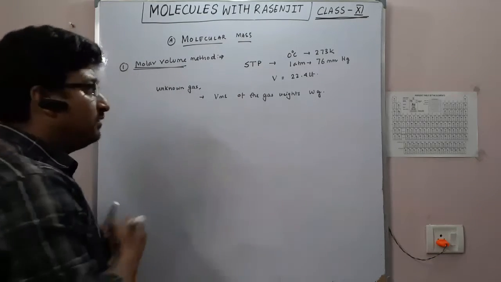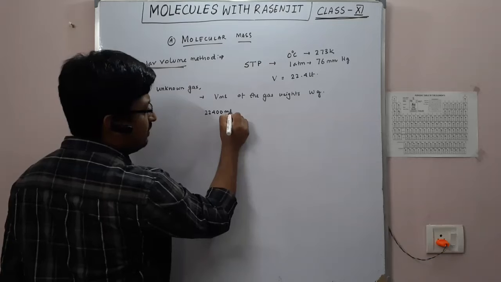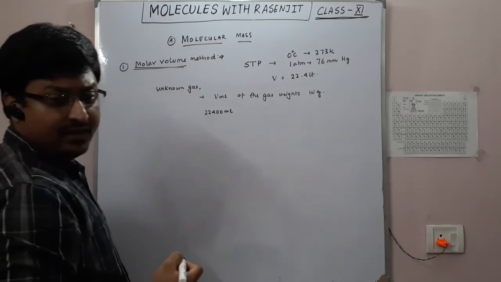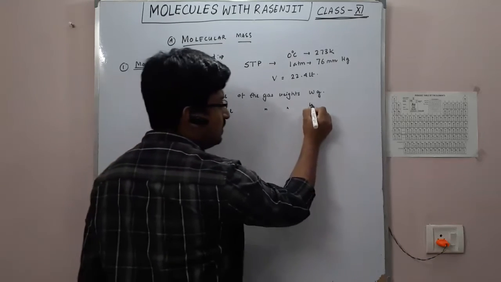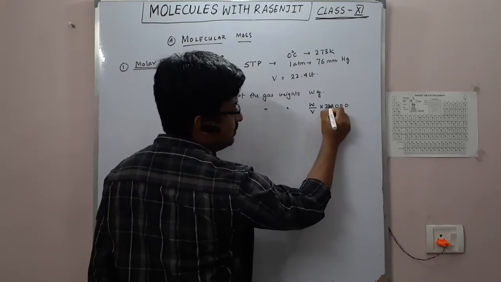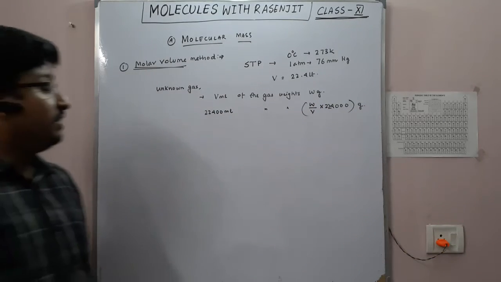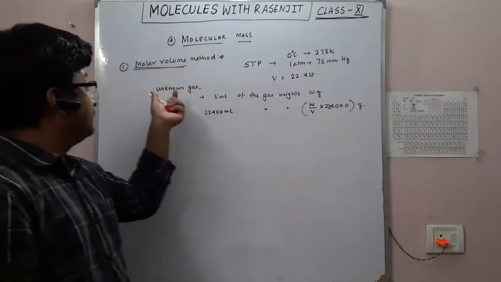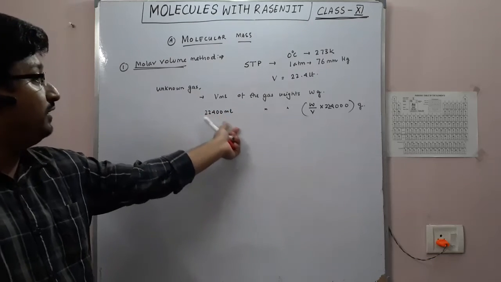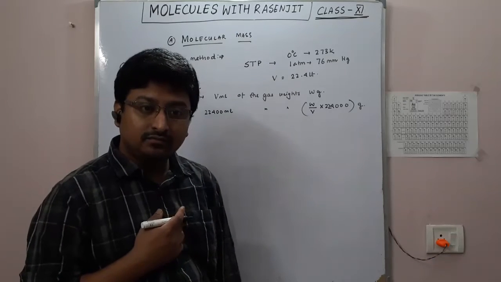That means 22400 mL of the gas will weigh W by V multiplied by 22400 grams. So this is the weight of your unknown gas when it occupies 22.4 liters. What is the molecular mass of the gas now?